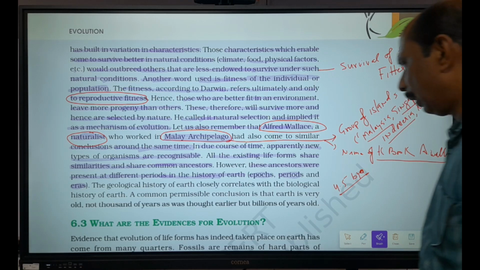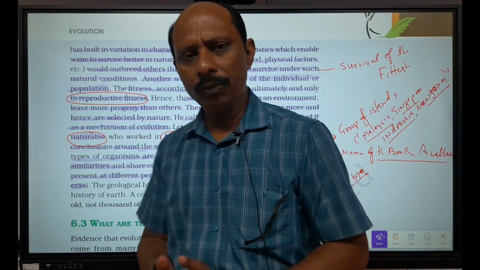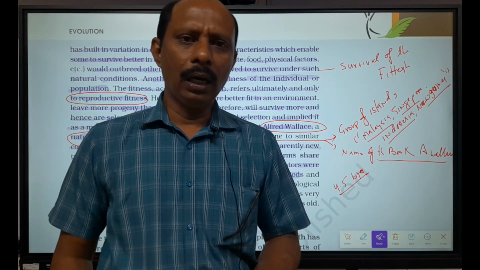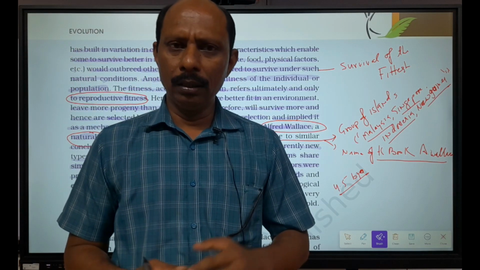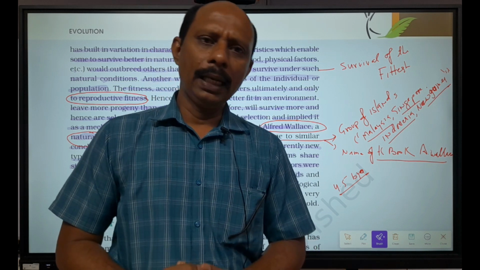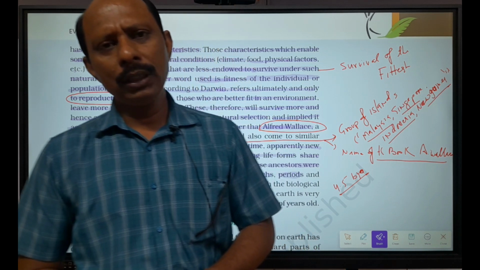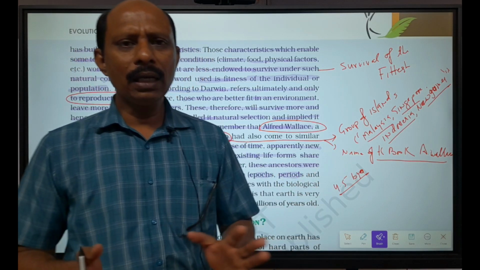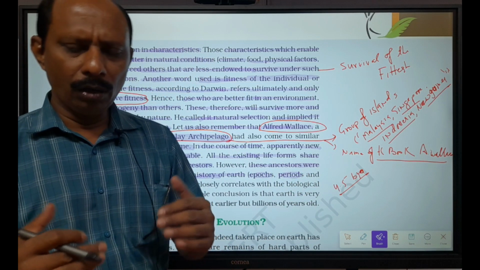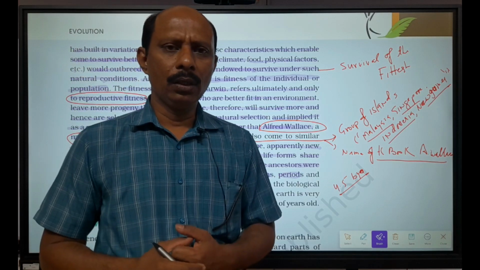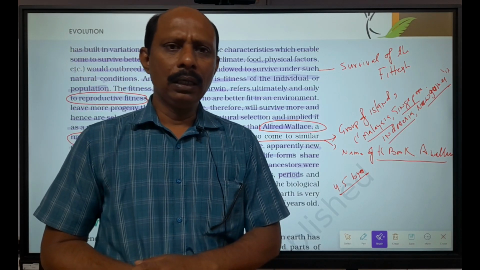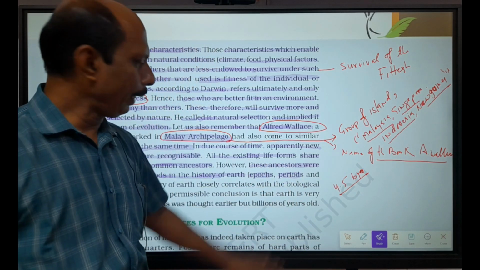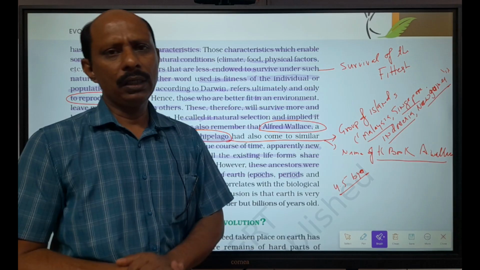Simply, Azoic means non-living, then Archaeozoic, Proterozoic, Paleozoic, Mesozoic, and Cenozoic. So 6 eras are there. Each era has more than one period, and each period is further divided into epochs.